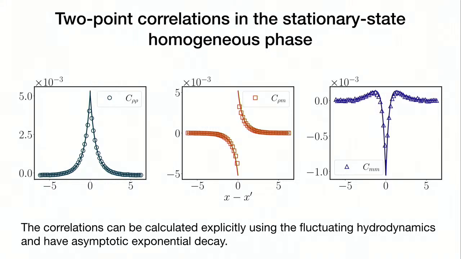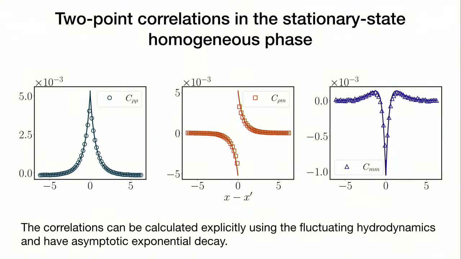You can also compute the 2-point correlation function for this model. Starting with fluctuating hydrodynamics, you compute these 2-point correlations between density and density, polarization and polarization.